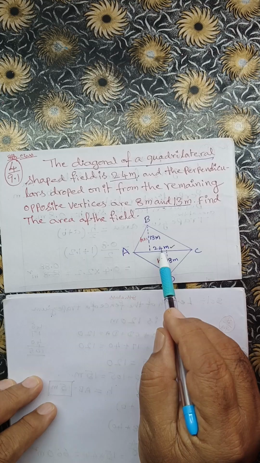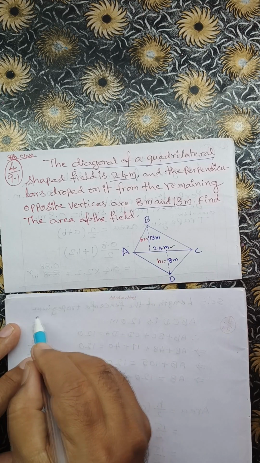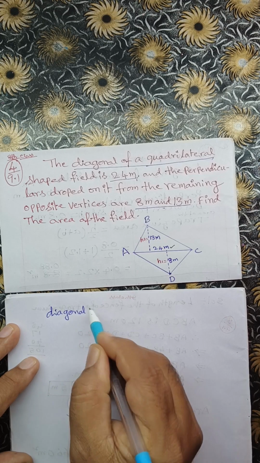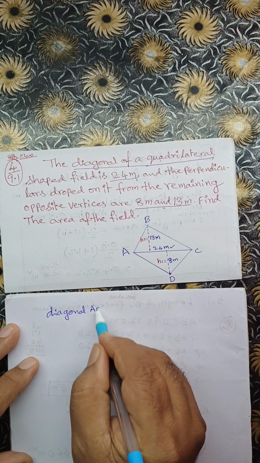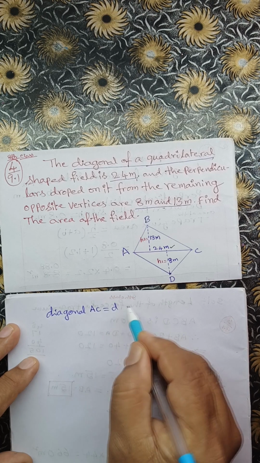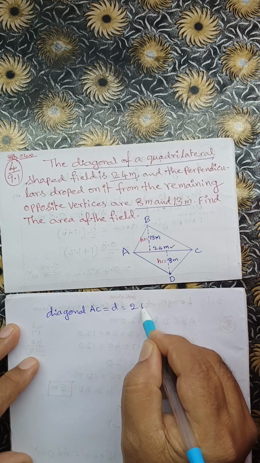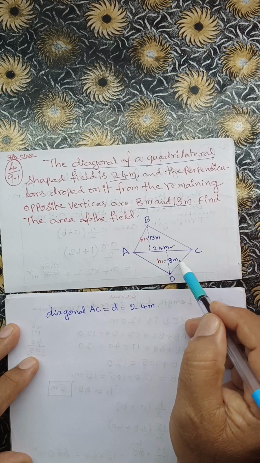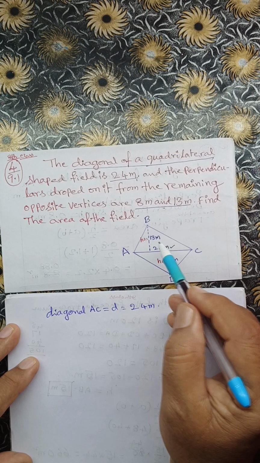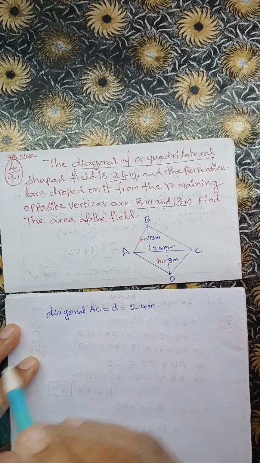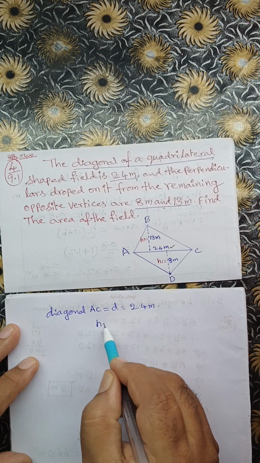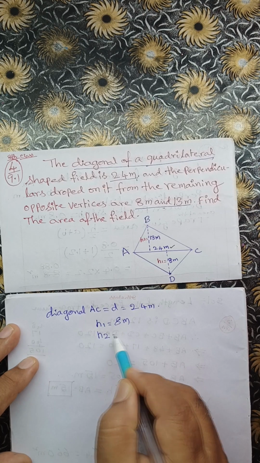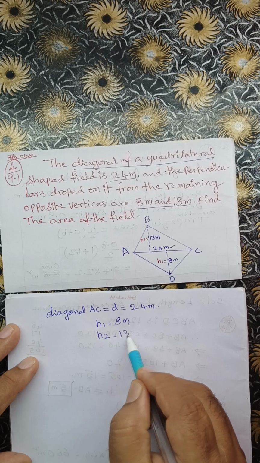Its value is 24 meters. So, diagonal AC is equal to d, that is equal to 24 meters. And these 8 meters and 13 meters are h1 and h2 values. h1 is equal to 8 meter, h2 is equal to 13 meters.